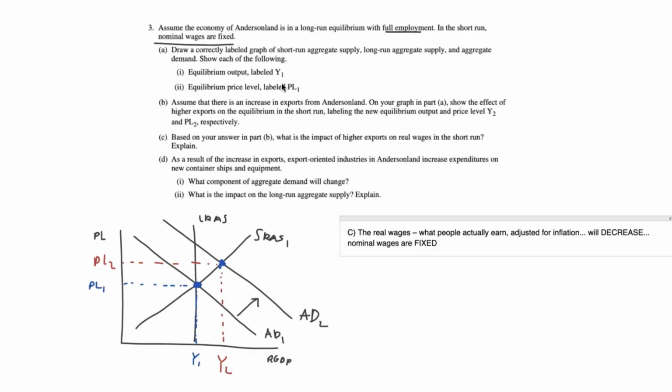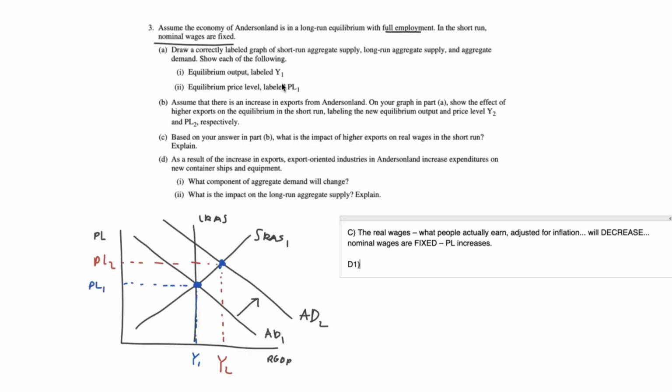It takes some time for that to happen. And because of that, we can see in our graph, even though real GDP and production's ramping up and that's increasing, our price level also increases on a bunch of goods. Okay, so what happens then? Well, we know that price level increases. And so if everything's getting more expensive, but your wage is stuck, right, that's actually going to make real wages go down. Okay, that solves part C.